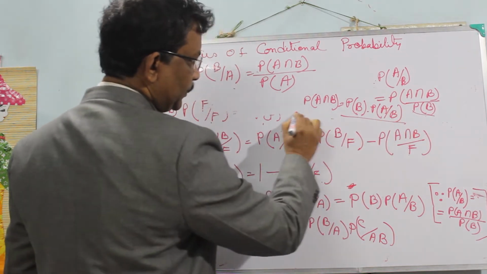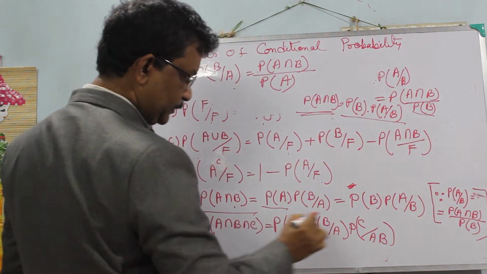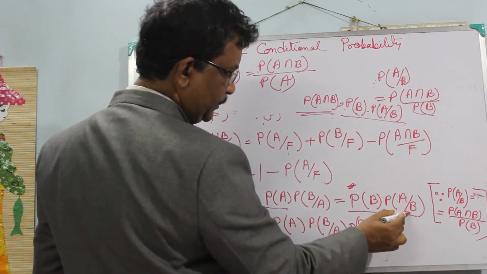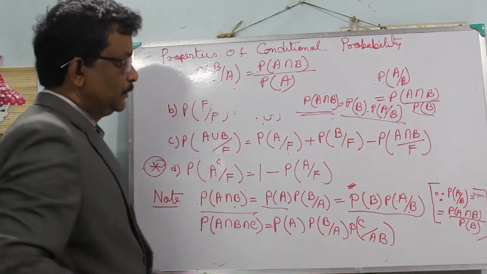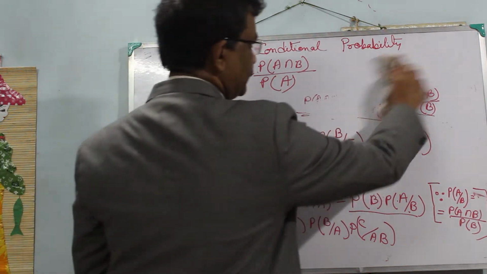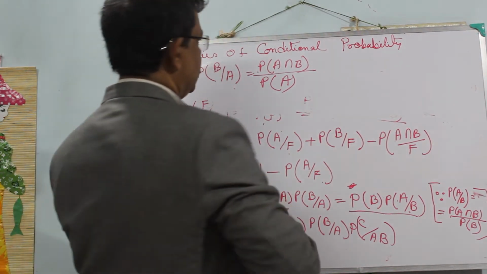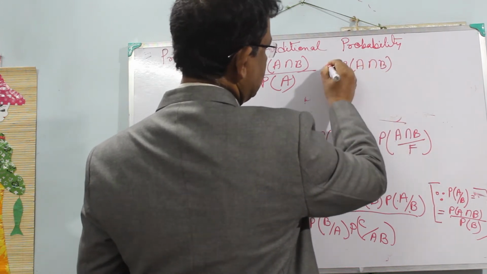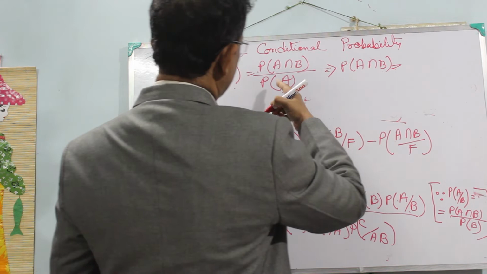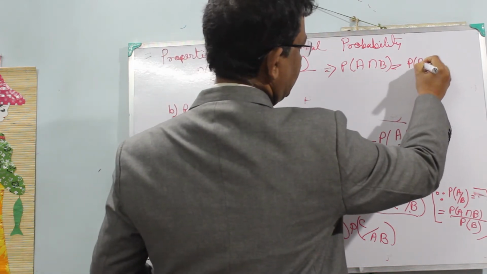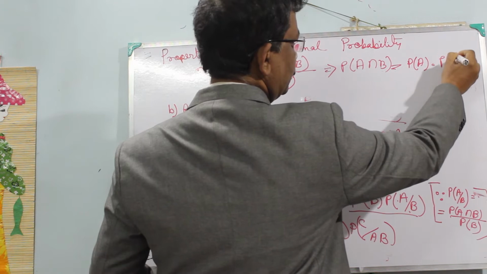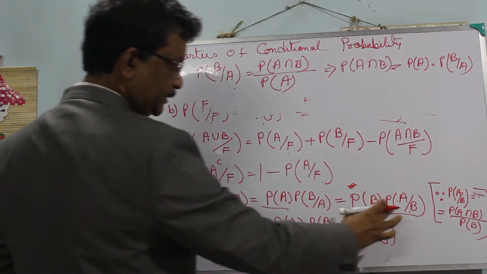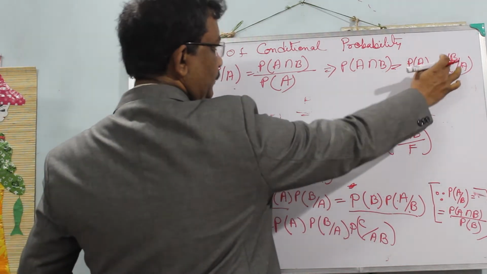And from this, the same thing we will get: probability of A intersection B equal to probability of A into probability of B when A has occurred. Just multiply.